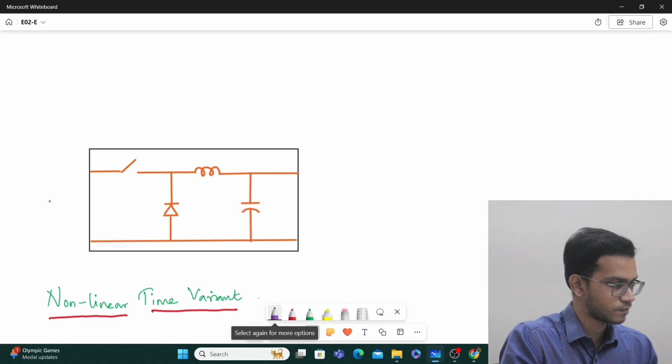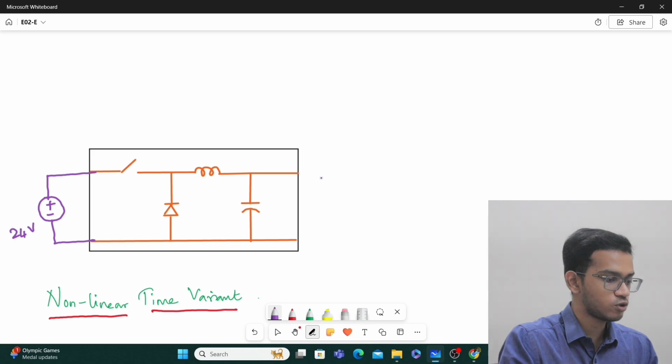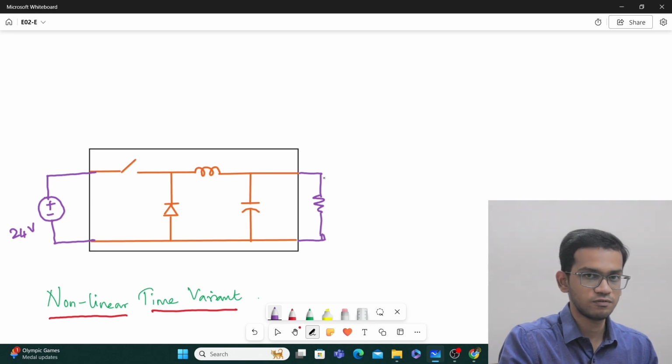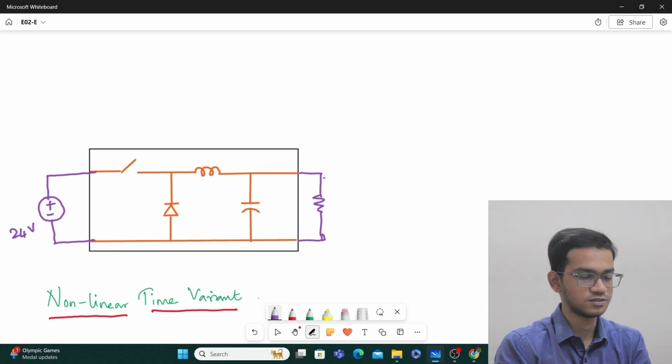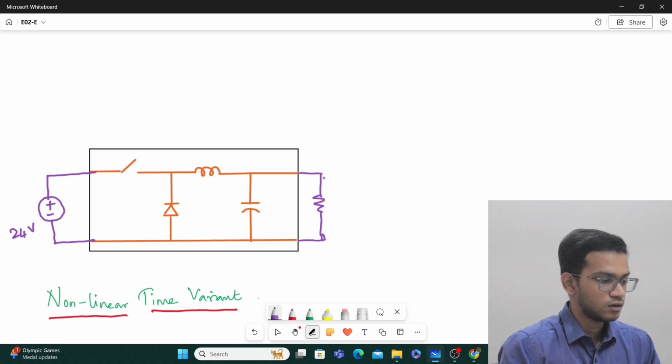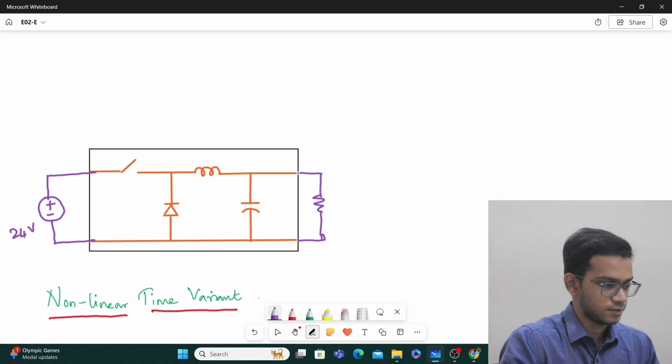So this is my system. Basically, I'm going to give an input to the system. In our case, this is 24 volt. And I'm going to take an output from the system. Let us assume that the output is simply resistive for now. In real time, we do not model it as a simple resistor. We model it as a current source or some other things.